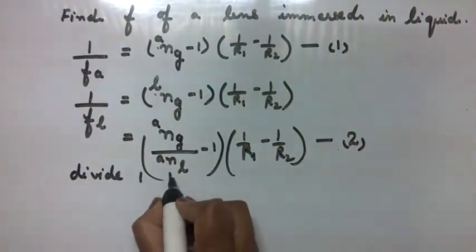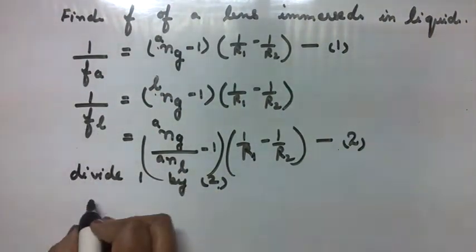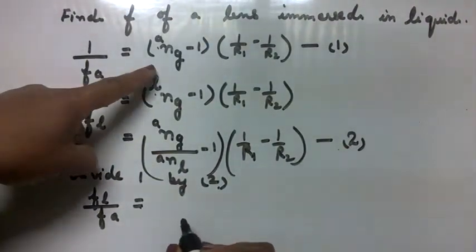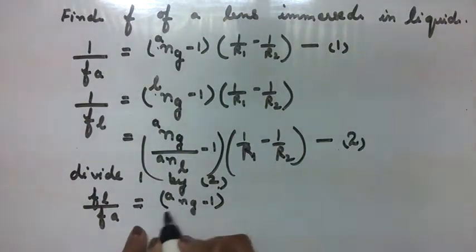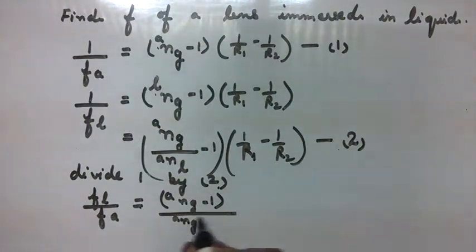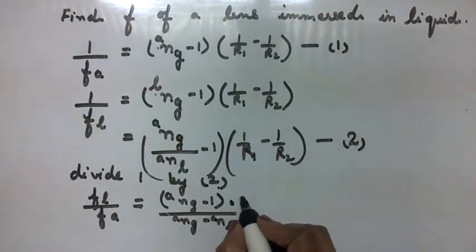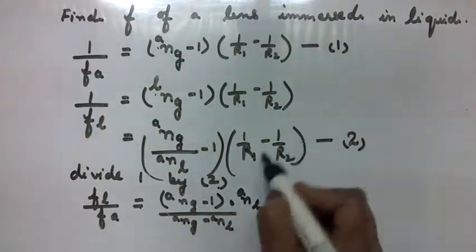So here 1 upon Fa into Fl by 1, that is Fl by Fa, equal to the refractive index of glass with respect to air minus 1 by the term, refractive index of glass with respect to air minus, on taking the LCM, the refractive index of liquid with respect to air, into the denominator term in the numerator, that is the refractive index of liquid with respect to air, and this term will cancel out.